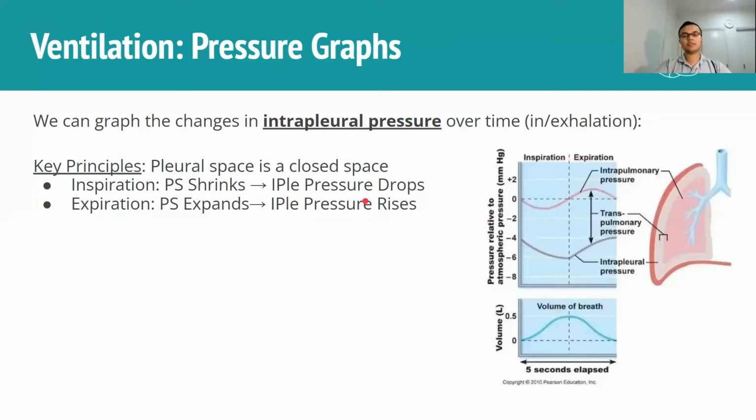We saw in our previous example, when the lungs shrank or the thoracic space shrank, the pressure inside that container rose. But because the pleural space is a closed space, here what's happening is when your pleural space shrinks or becomes smaller, your pressure actually drops here instead of rising. So very important to keep in mind.